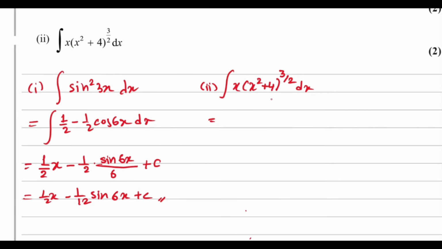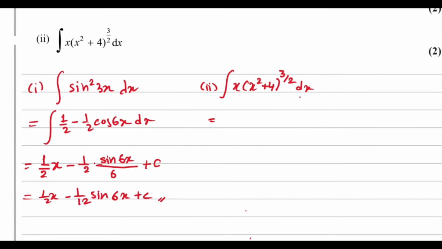Now when integrating this, we can see that the power on this factor is 3 by 2. We cannot expand this. If we expand the brackets, we will get an infinite number of terms. So there is no way to simplify this.